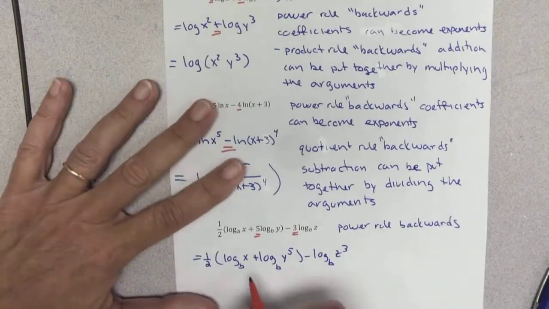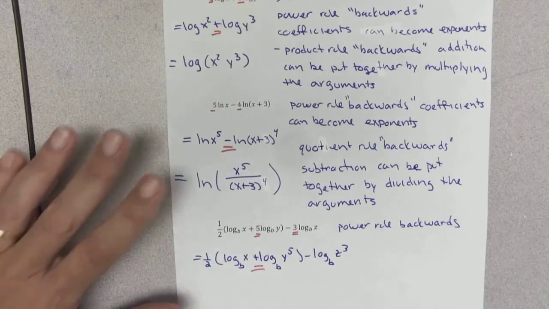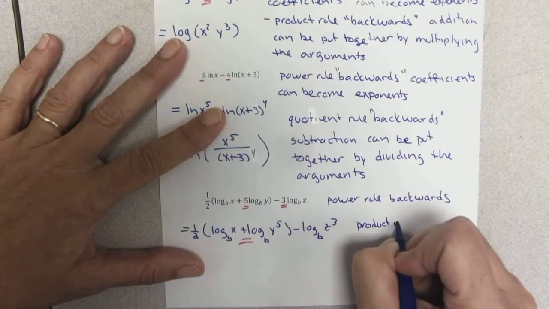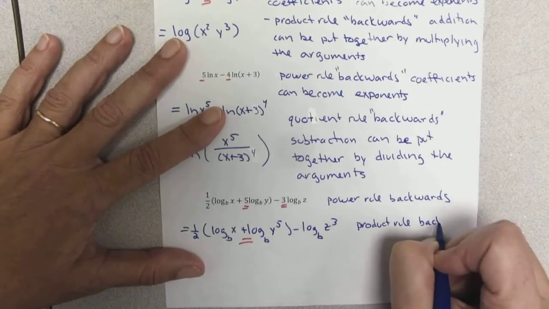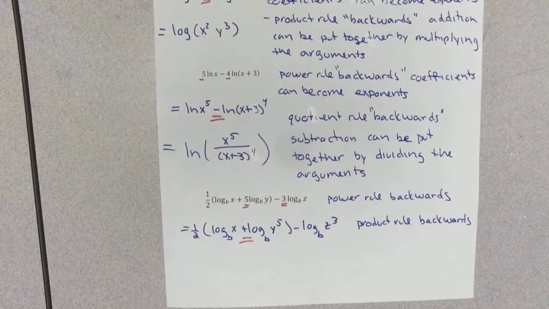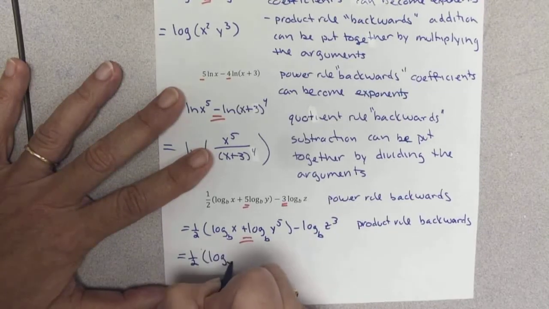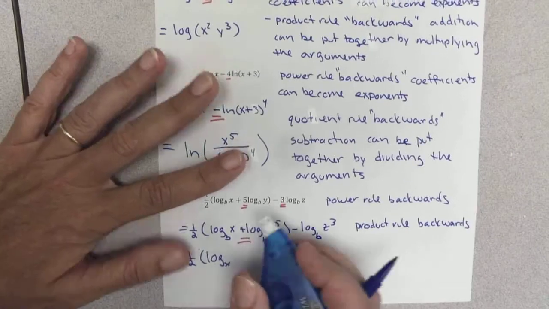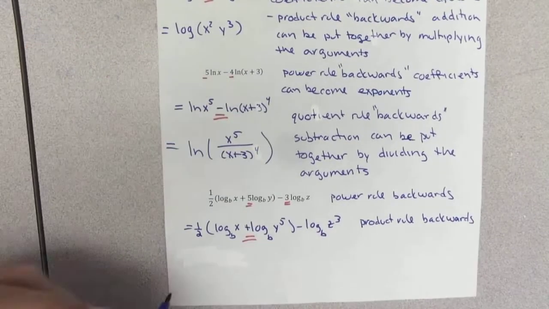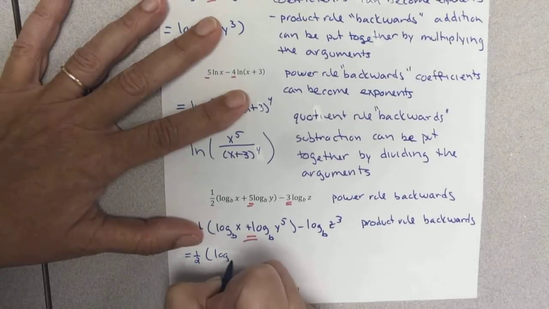Now let's work inside the parentheses there, that 1/2. So then the product rule backwards.